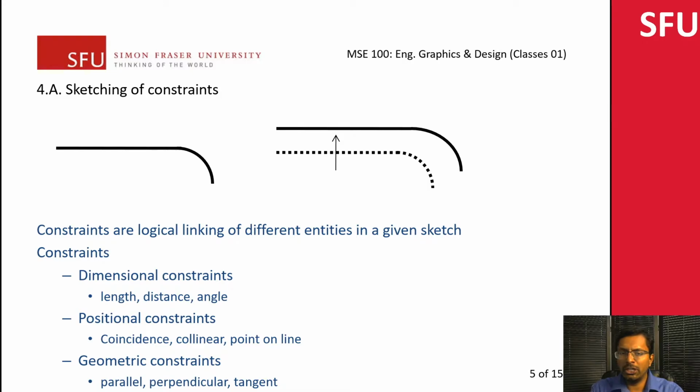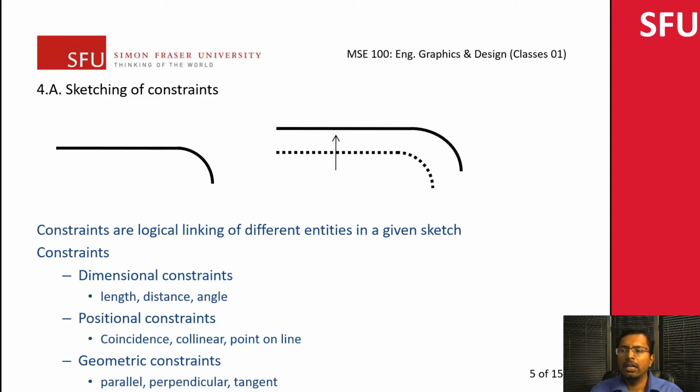You can have positional constraints, where I can say it's coincidental. So I want my index finger on one hand to be coincidental with the index finger of the other, so if I move one hand, the other one moves along. And then you can have a collinear point on the line, and you can also have geometric constraints, where you say it's going to be parallel, perpendicular, or tangent, like if you had a circle and it's going to be on the edge of the circle.